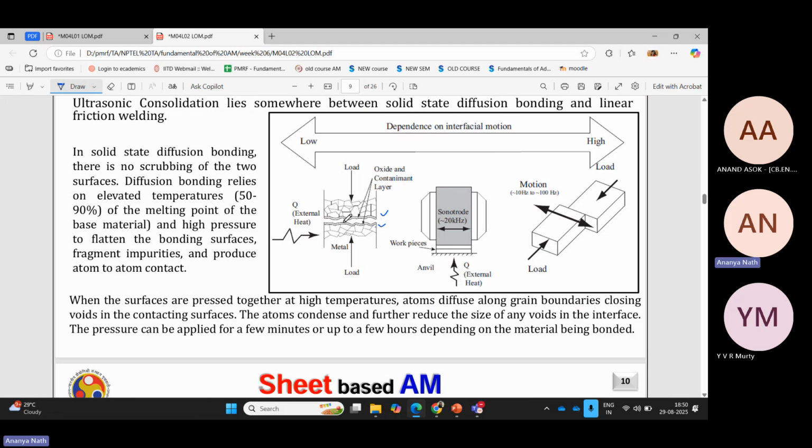When you put this ultrasonic oscillation through the sonotrodes, you are putting pressure onto these 2 metal surfaces, which have peaks and valleys. When you put the pressure, if there is a peak here and a peak here, these 2 peaks will first receive this vibration and try to get joined together.